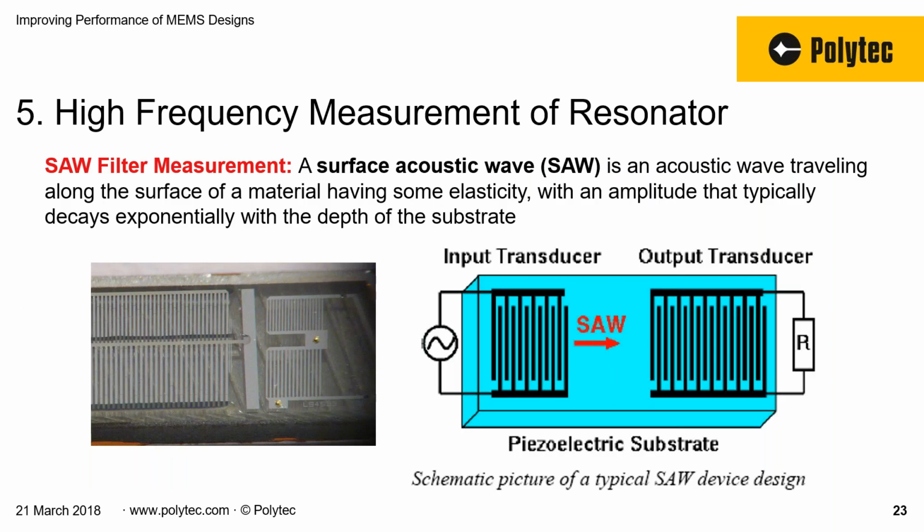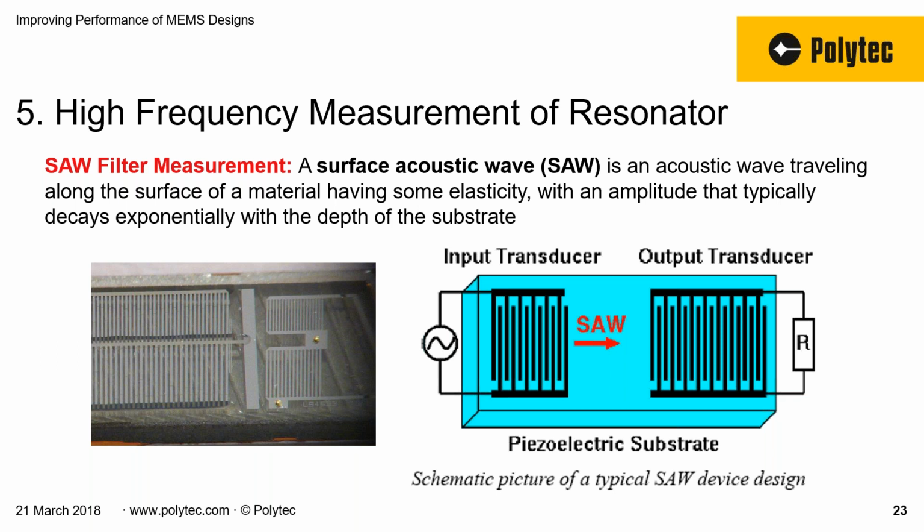The example that I want to show for this is measuring on a SAW device, or a surface acoustic wave device. The idea is that with this SAW filter, you generate an acoustic wave using an input transducer. This is exciting at 262 megahertz. It has interdigitated fingers that create this wave.